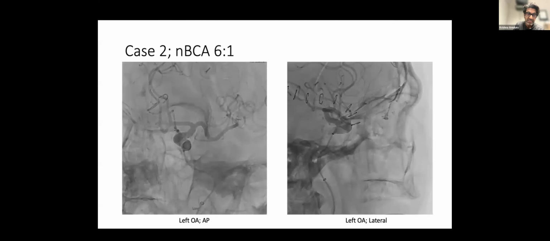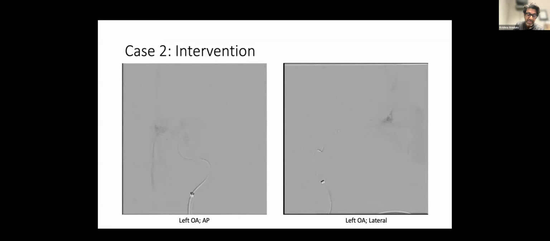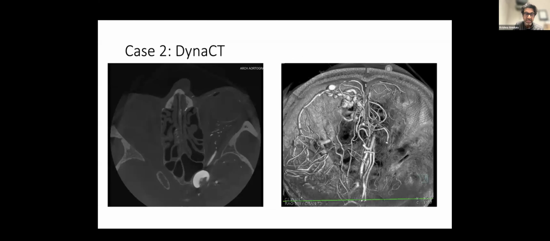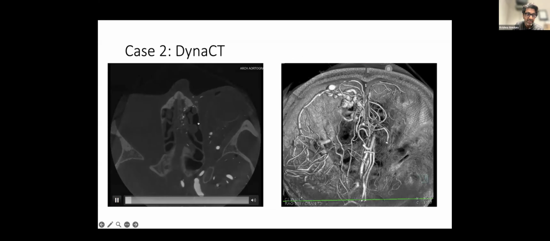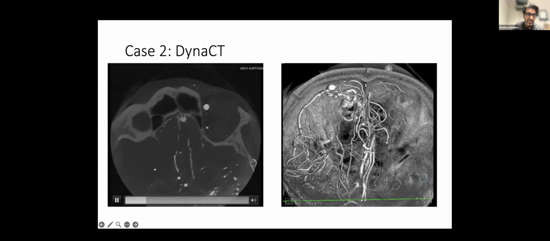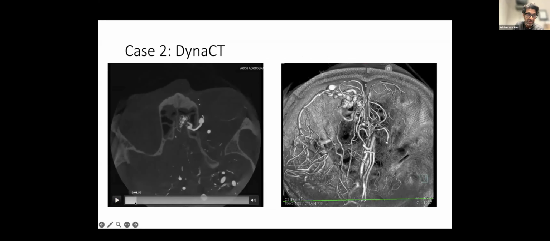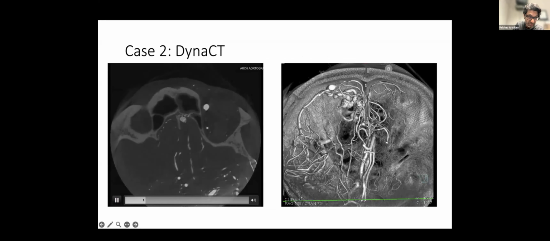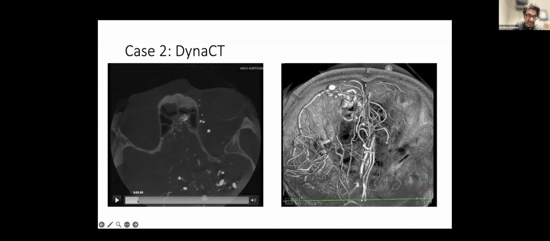But this case, again, very, very interestingly enough, and somewhat similar to the first case, the level of the clip, in my initial opinion, is just not to the level of where it has to be. It's not at the level of the admixing of the arterial and venous opacification of where the fistula actually is, which in my opinion was right there, where you can see this dumping of all of the arterial enhancement.